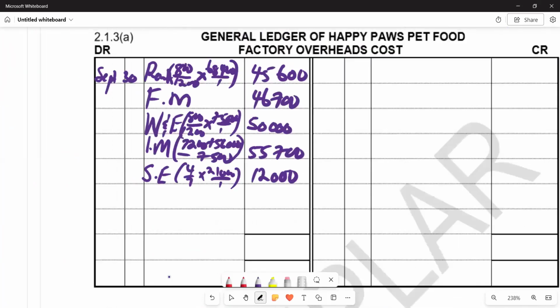Remember, we were saying the first one is depreciation, and the figure that we got there is 12,800. Then we also have factory foreman, and the figure is 135,850.